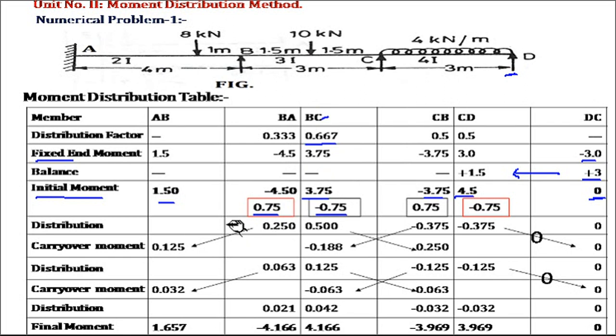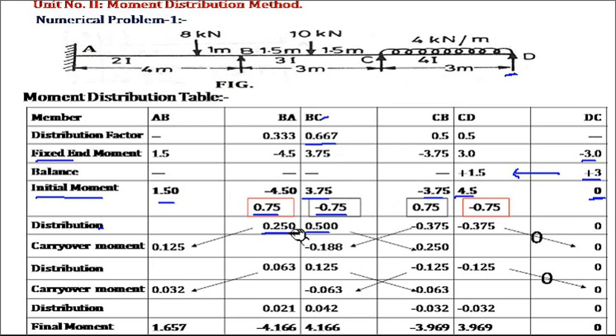Next step is the distribution process. The correcting moment for member BA will be 0.75 multiplied by its distribution factor 0.333, which comes to 0.250. The correcting moment for member BC will be 0.75 multiplied by 0.667, which comes to 0.50.